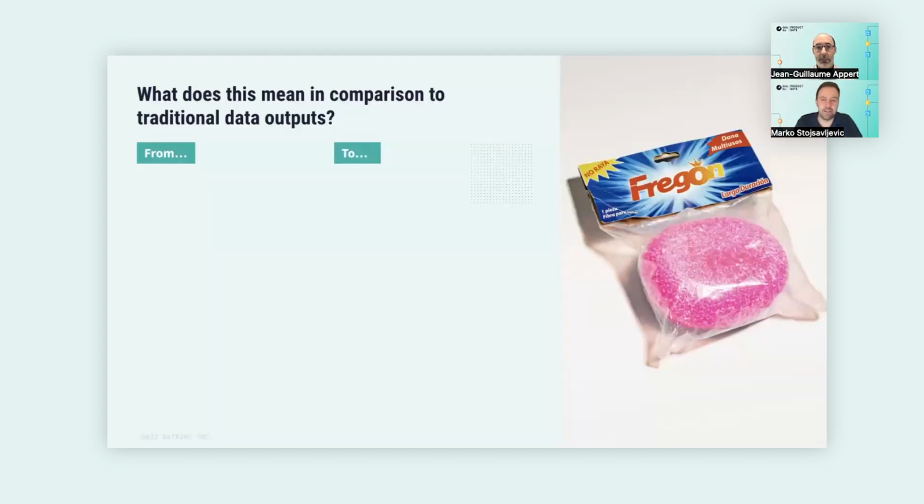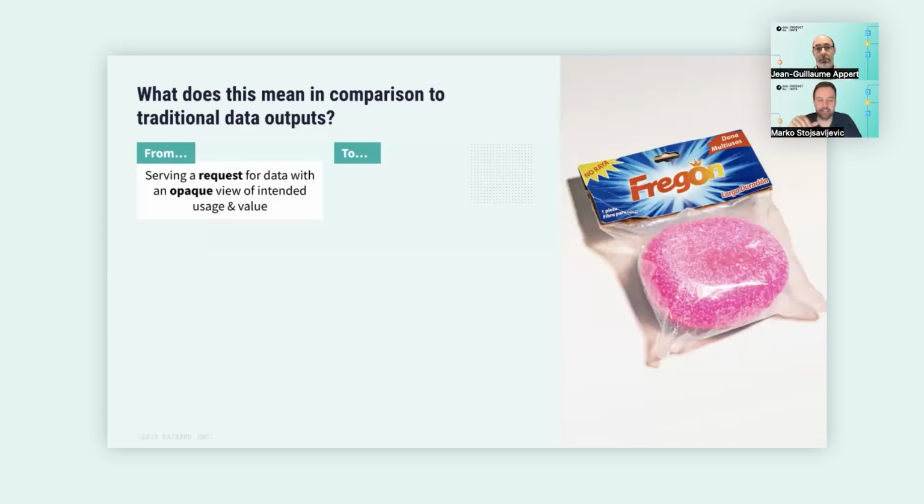We can outline this difference if we picture one product. This is, I think, some sort of cleaning product, let's say. The difference between data outputs and data products is moving from the traditional to a more product-oriented way. It's from serving a request for data with an opaque intention of usage.